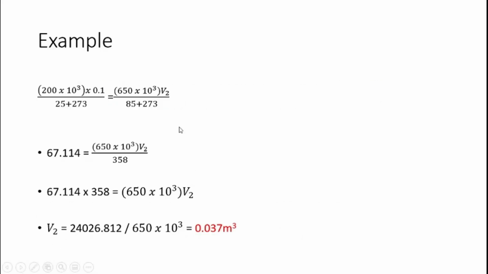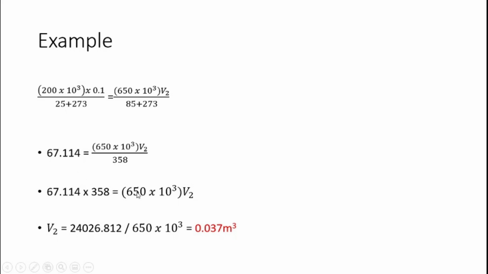What I've done here is worked out all of this bit, because that's the number, and I put it there. 85 plus 273 is 358. And there's 650 times 10 to the 3, so 67.114. I'm going to bring this 358 up.